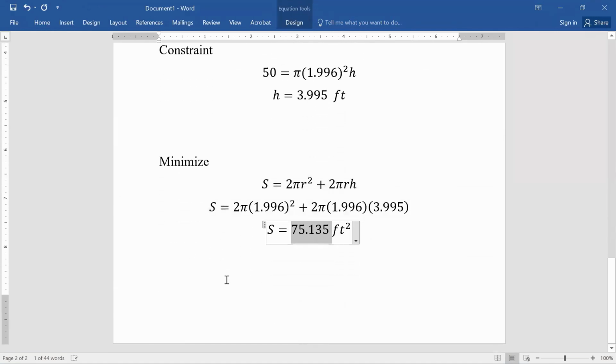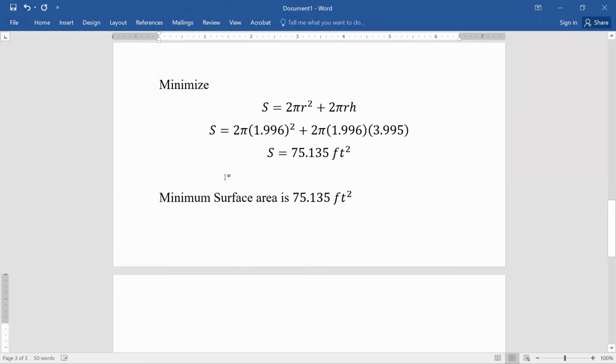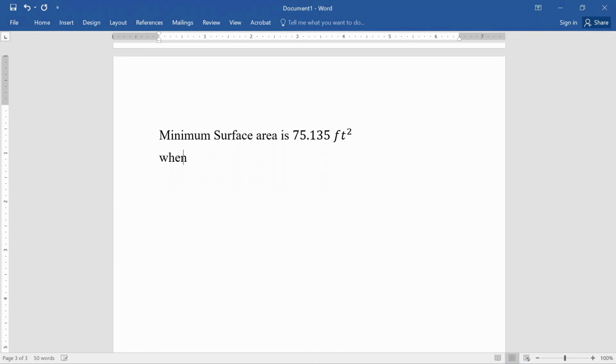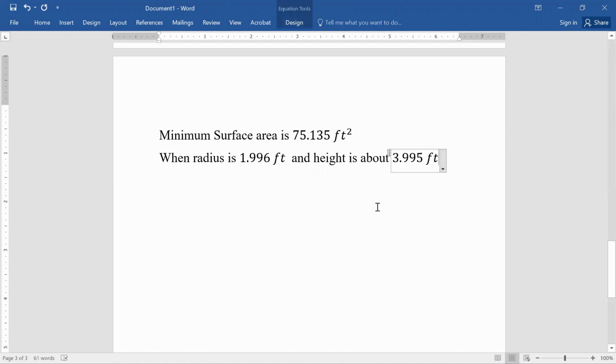So there you go. The minimum surface area is about 75.135 square feet. And that happens when the radius of the cylinder is about 1.996 feet and the height of the cylinder about 3.995 feet.